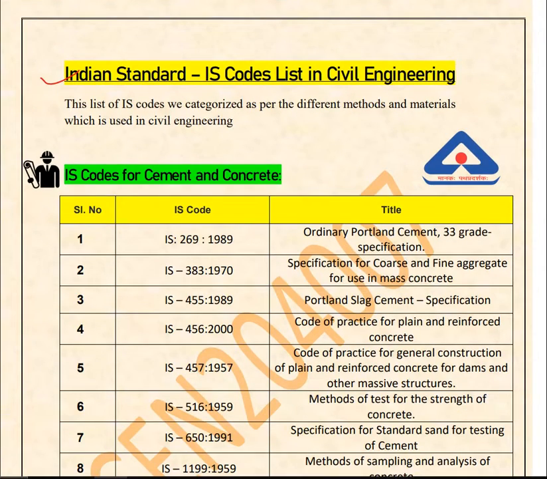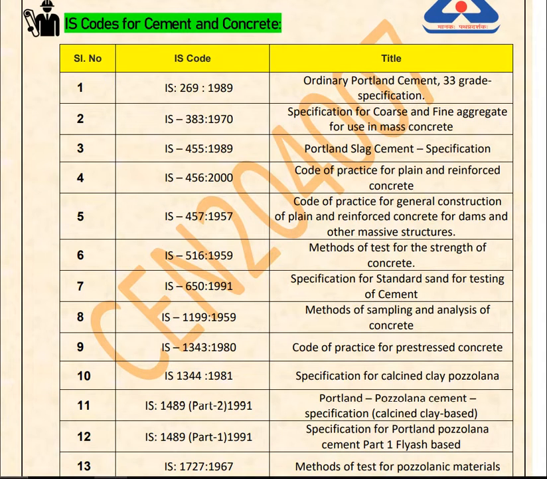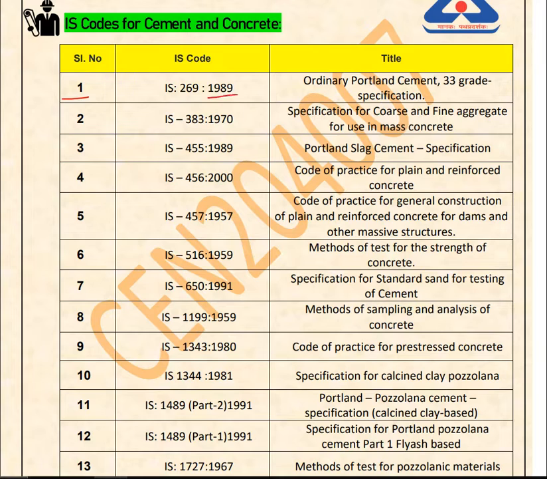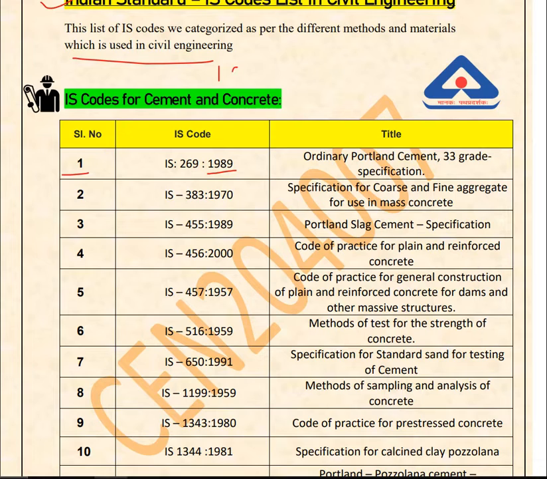So what is the Indian Standard, or IS code list, in civil engineering? The list of IS codes is categorized as per the different methods and materials we use in civil engineering. For example, if we use IS codes for cement and concrete, there is a serial number, and the code is written like this: IS, then the code number 269, then a colon followed by a year.